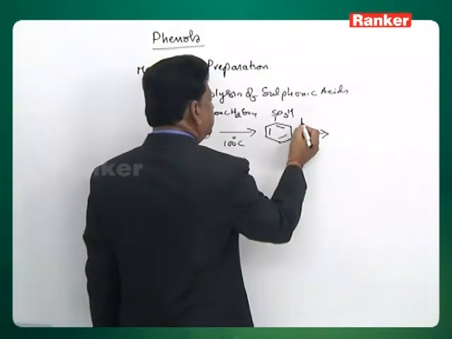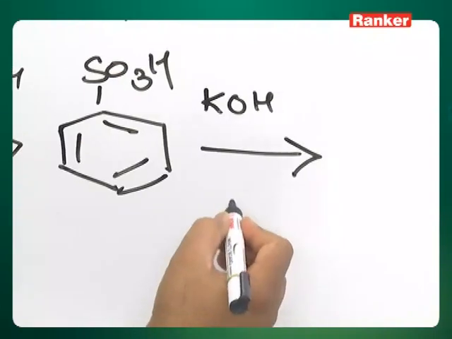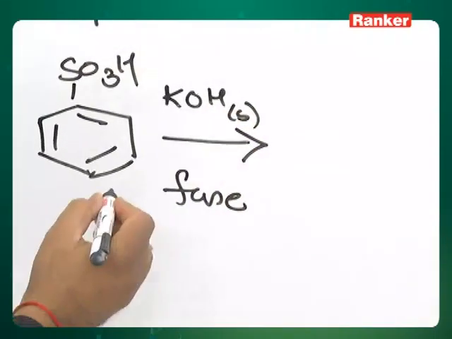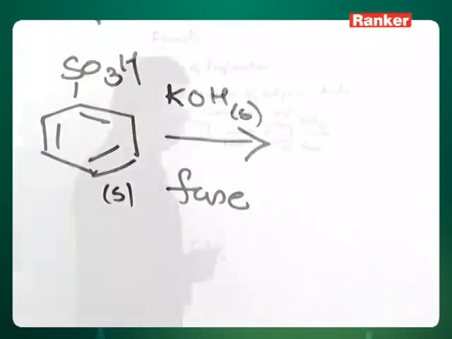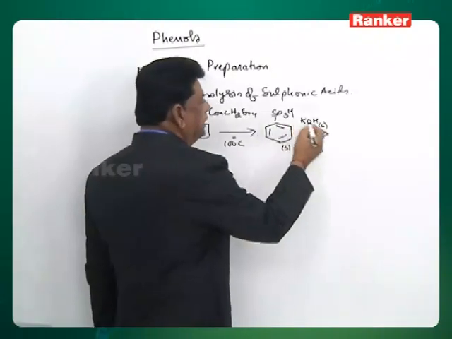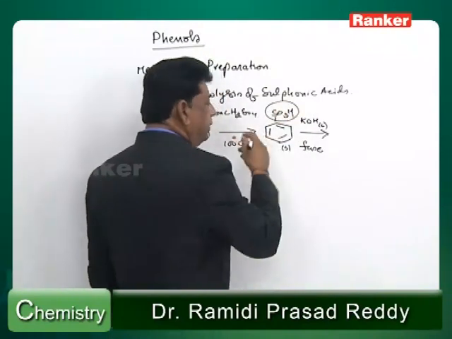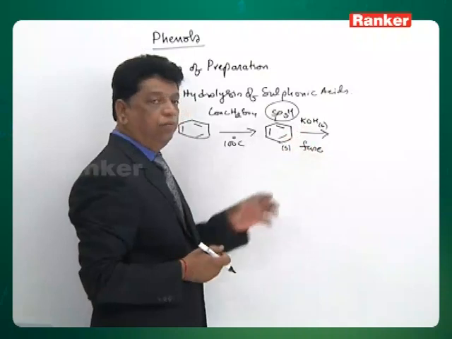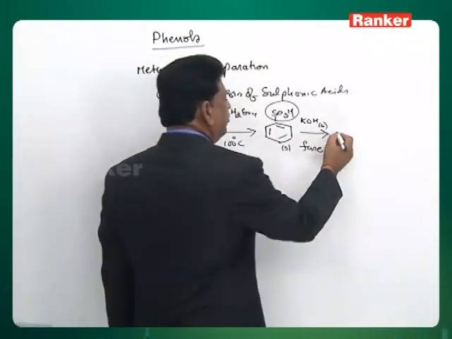You add concentrated potassium hydroxide and then fuse it. In fact, you can take solid KOH and the solid sulfonic acid and fuse it. When you fuse it, the whole group is replaced by the OH group, but in the strong base the OH will exist in the form of the salt.